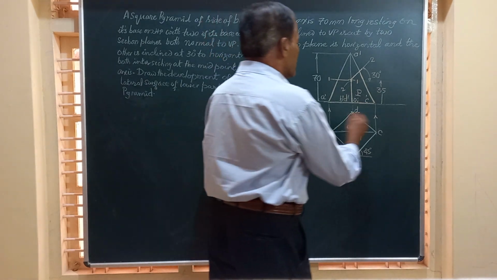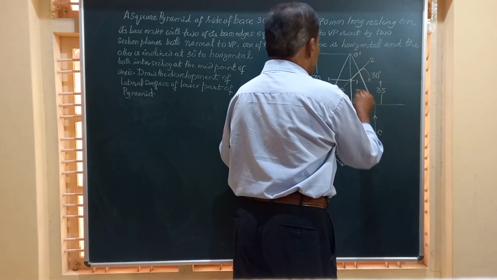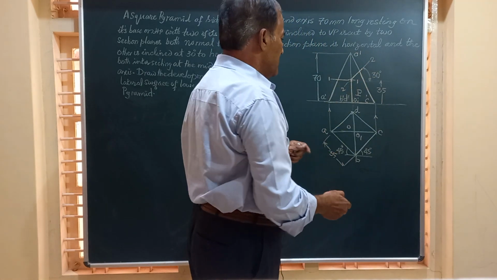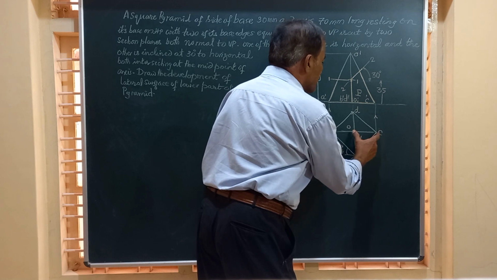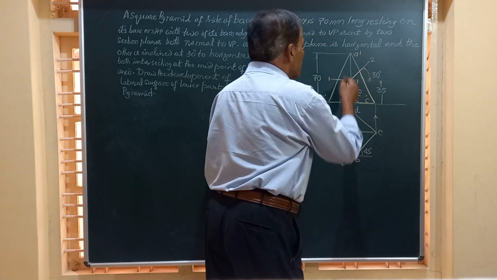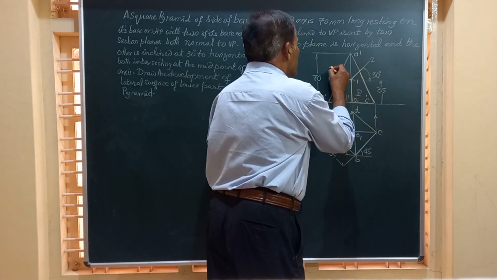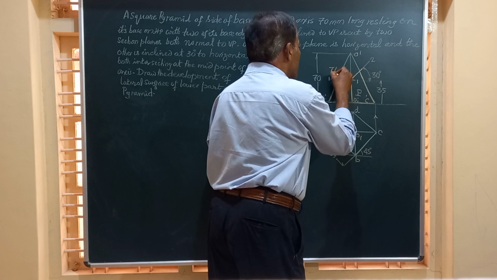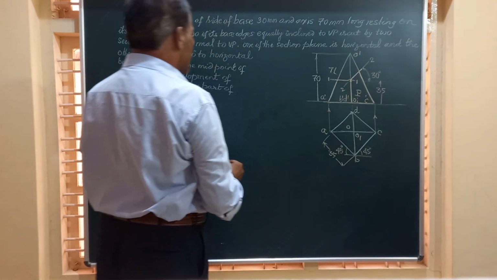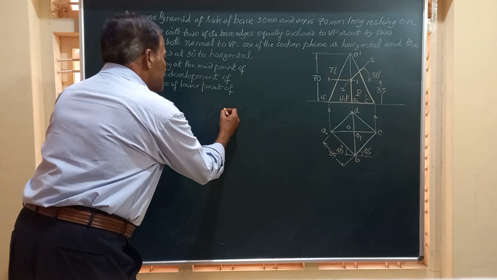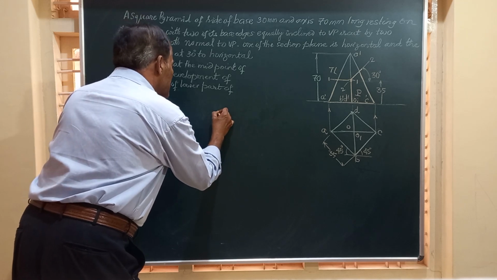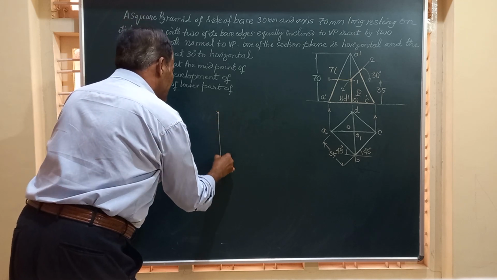That is, the true lengths are O dash C dash and O dash A dash. Since OC is parallel to VP, this will give you the true length, even OA will give you the true length. So friends, taking this true length as the radius, I am going to draw a vertical line.